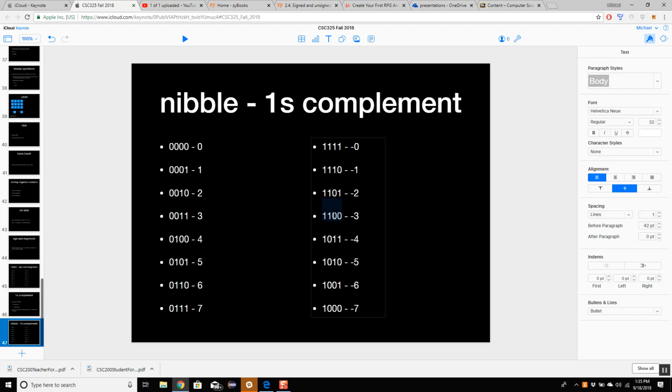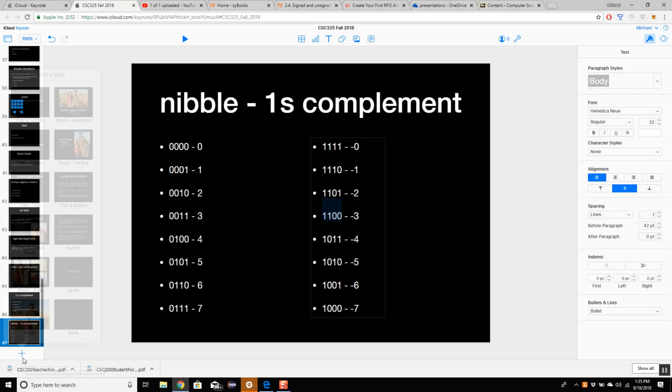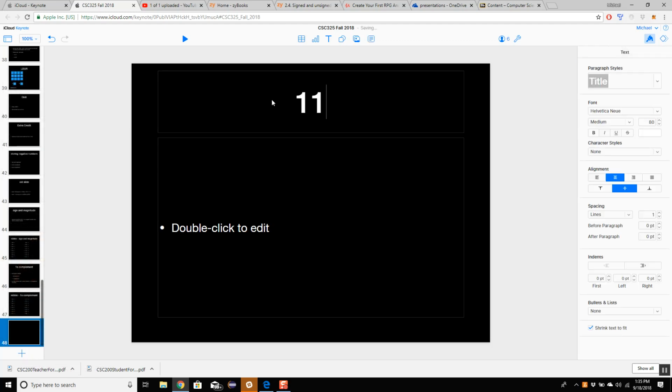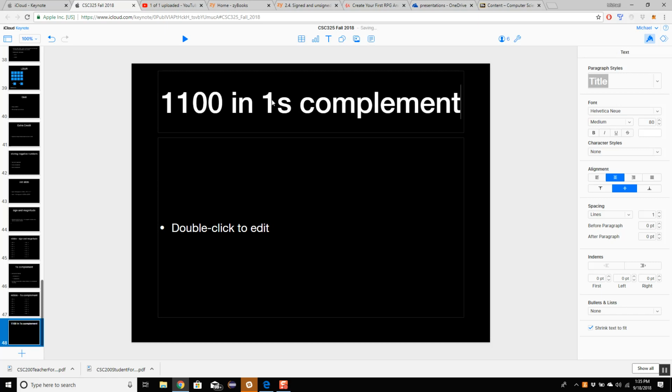Because if I give you this number and I say, oh, well, this number is in ones complement, before you can determine what that value is, you have to look at it and say, oh, well, it starts with a 1. So we'll just give this to you as an example. Let's assume that I gave you a quiz and you had the number 1100 in ones complement.